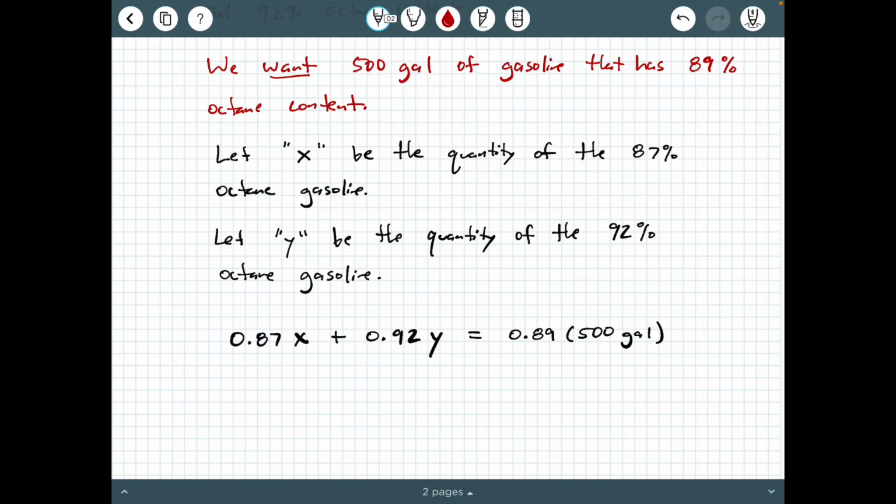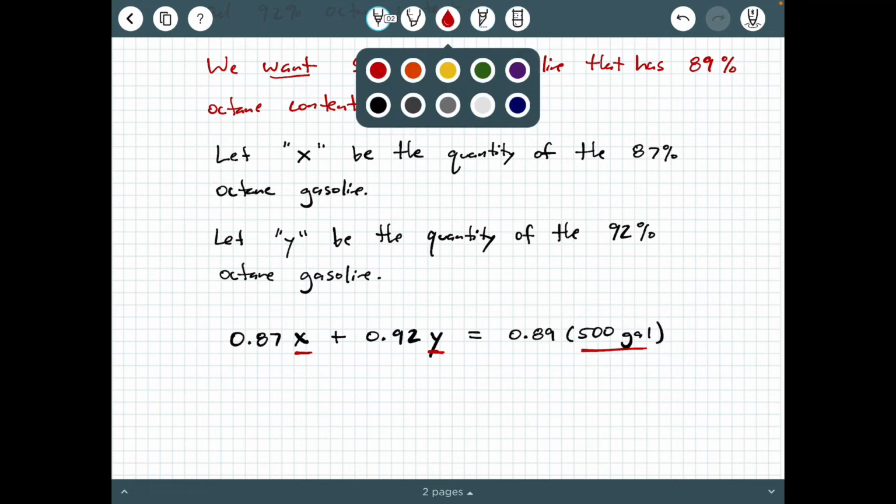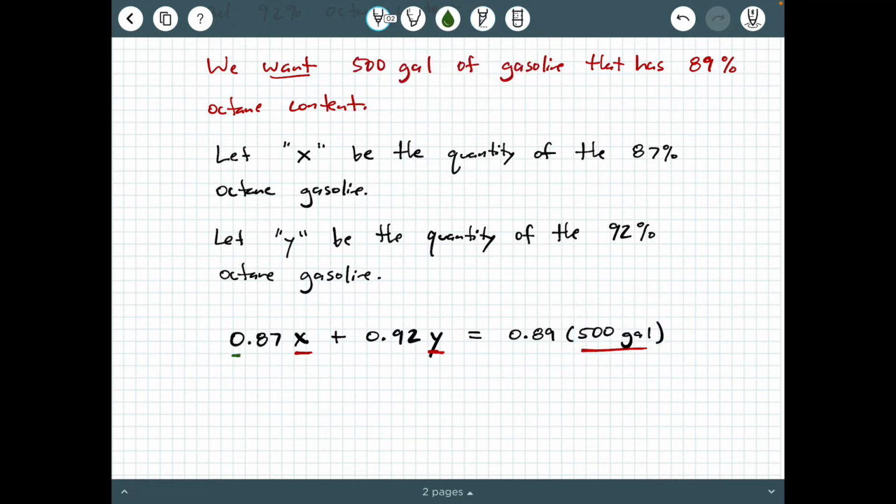So what I can do is maybe color coordinate this. So remember, X and Y are quantities in gallons, and they correspond ultimately with a total of 500 gallons. And then these percentages, we're mixing 87% of X with 92% of Y to get 89% of 500.